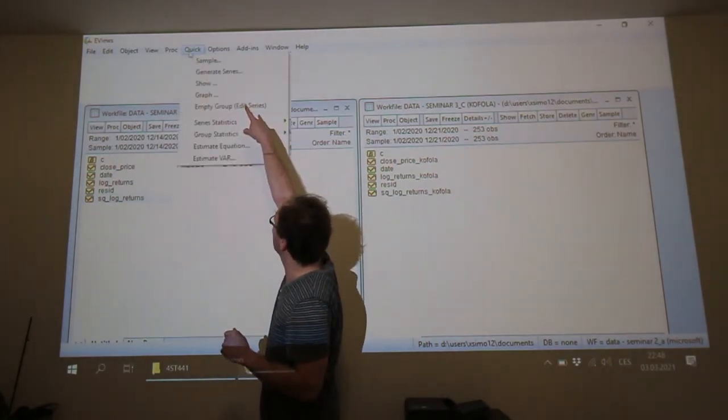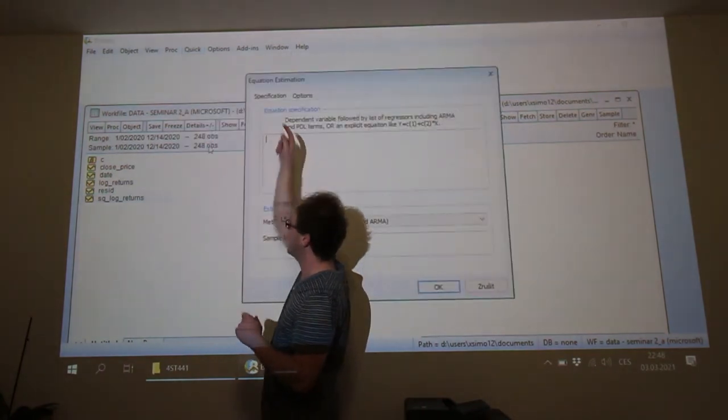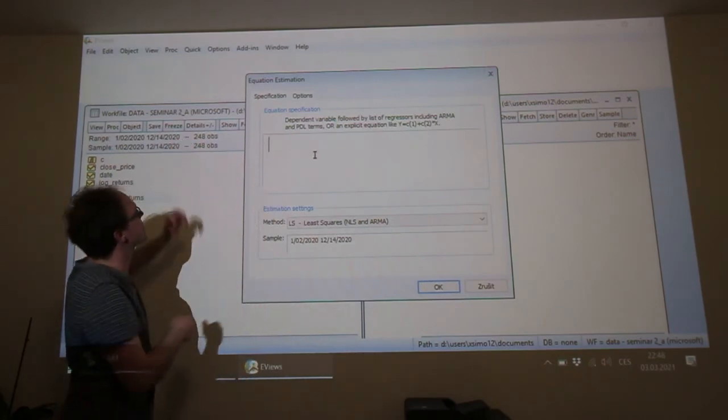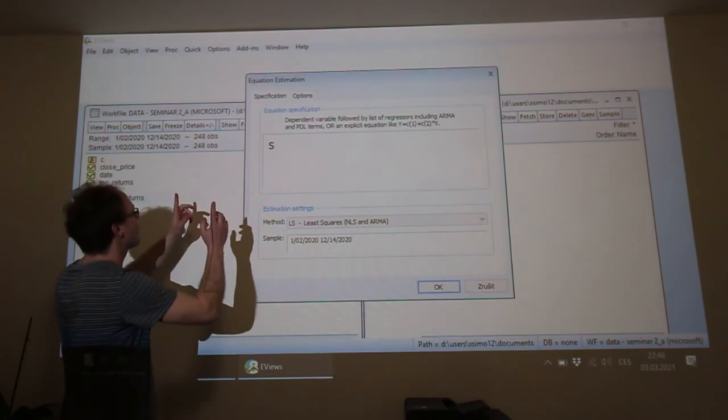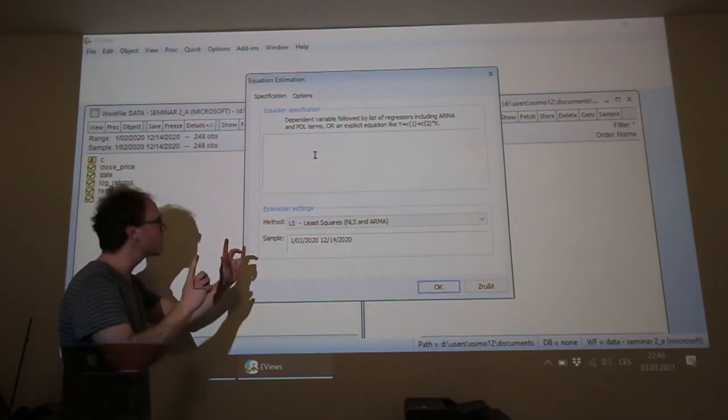We will use the quick button, and there we have estimate equation. Here we will increase the size of the font, and we will write a regression model according to Breusch and Godfrey.